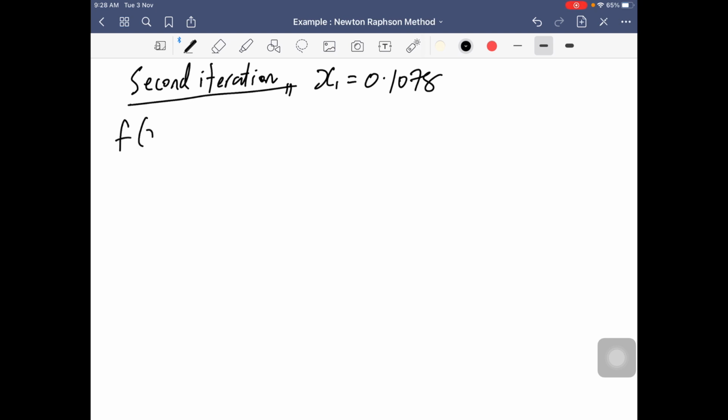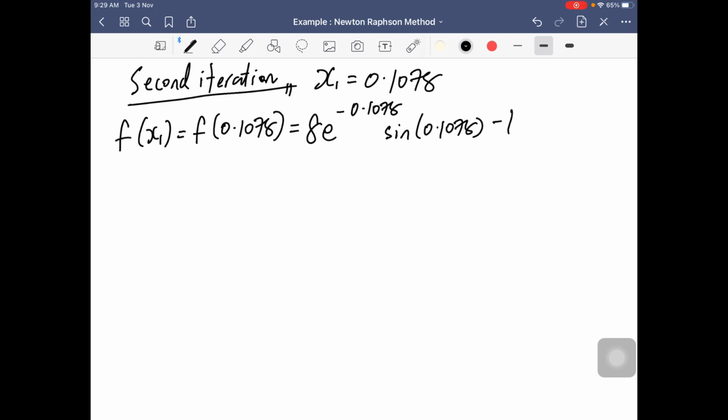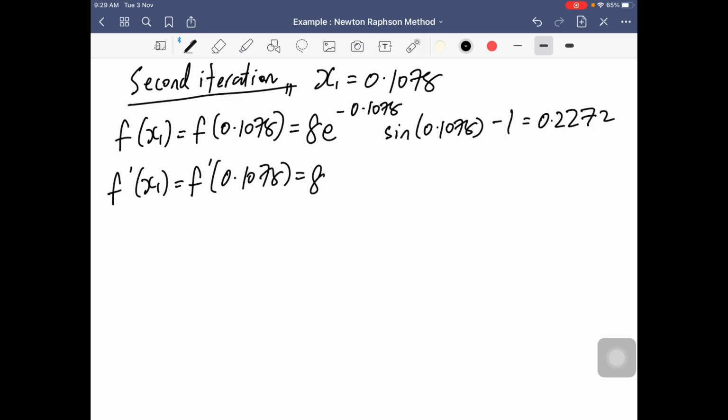So we calculate first f(x1), so substitute your x with 0.1078 into your function: 8 e^(-0.1078) multiplied with sin 0.1078, and then minus 1, you should get 0.2272. And then for f'(x1), so f' when x is 0.1078, we substitute here into your function.